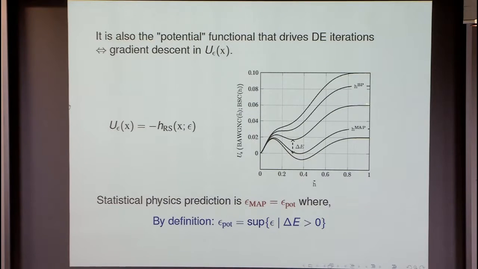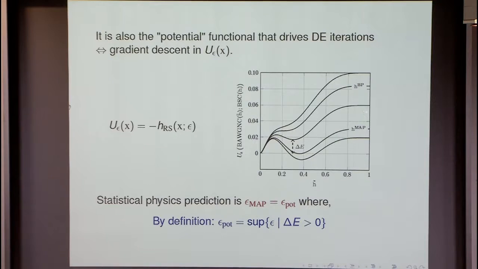Okay, and when you run density evolution, if your noise is above the BP threshold, you cannot decode because you will get stuck in a local minimum here. Below the BP threshold, you can decode because you go down here.